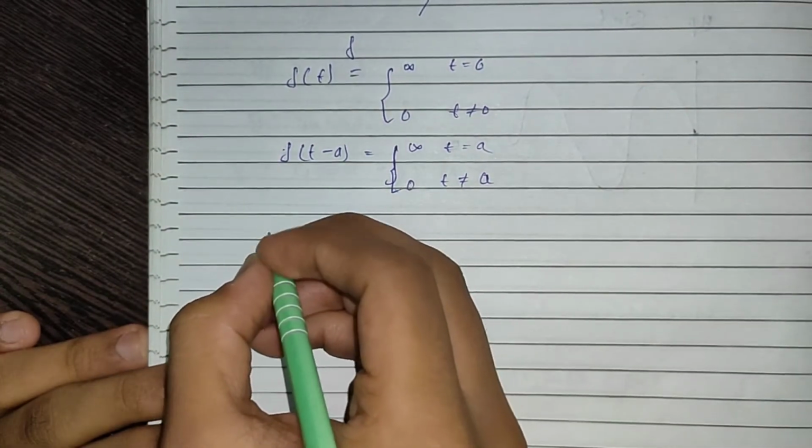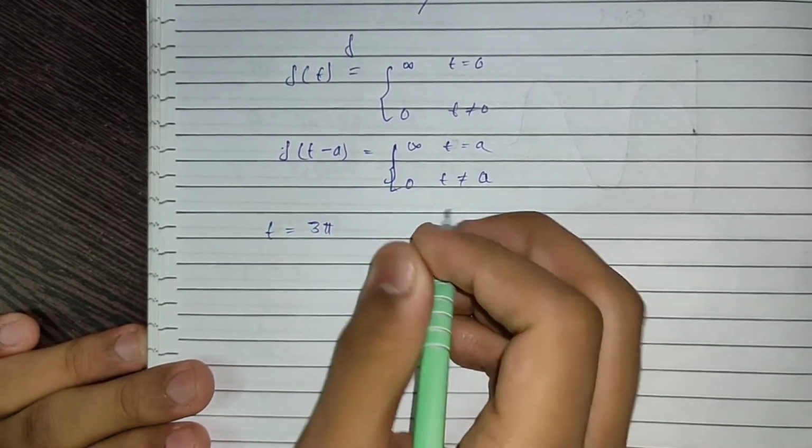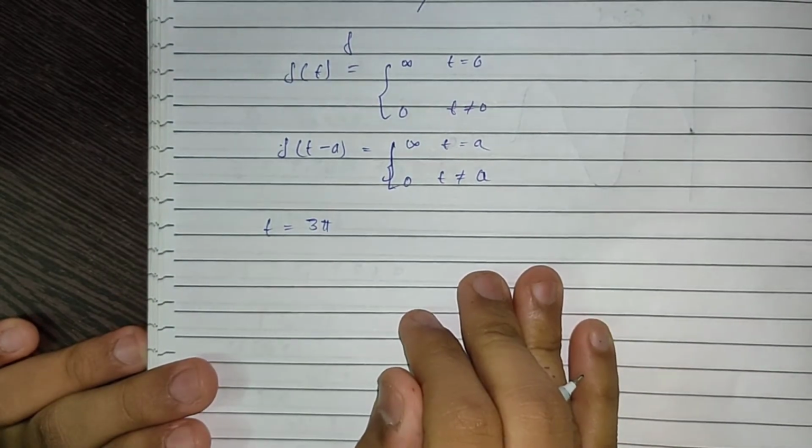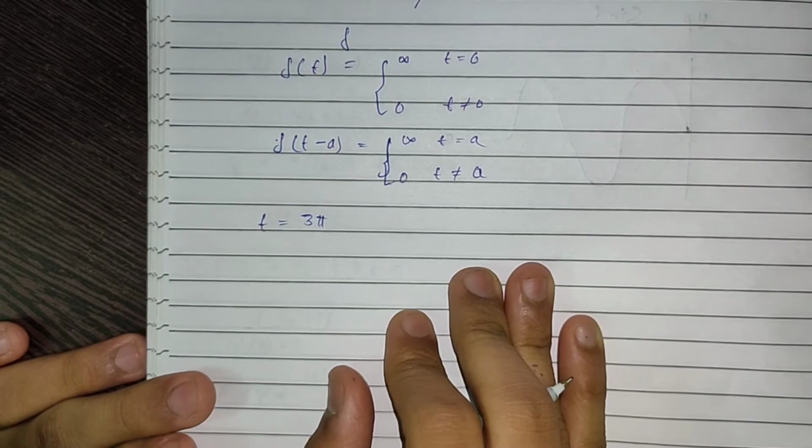So here when t is equal to 3 pi, there will be an infinite force acting on the system.